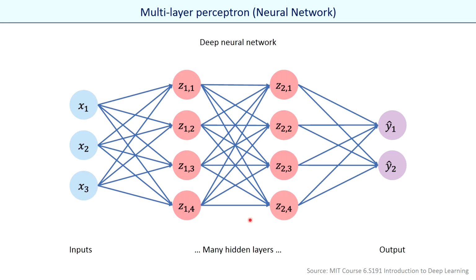We can increase the number of hidden layers. The number of nodes in each hidden layer could be different. In this example, we have two hidden layers with 4 nodes in each, but it could be, for example, 10 nodes in the first hidden layer and 20 nodes in the second hidden layer. Of course, the number of hidden layers can be much more important.